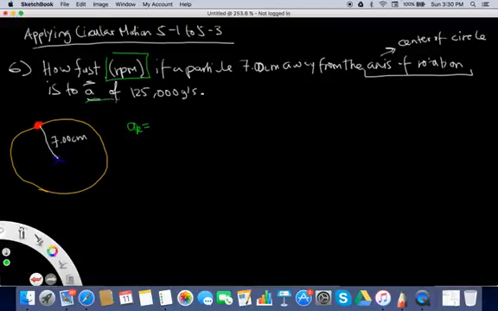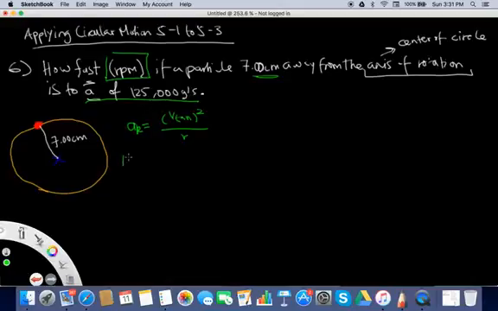So how can we use this? Well, we know from our understanding of circular motion that centripetal acceleration is nothing but our tangential velocity squared, v tan squared, over r. All right, we know that. So let's put in the information we have. We have a radius of 7.00 centimeters, and we have a centripetal acceleration of 125,000 G's.